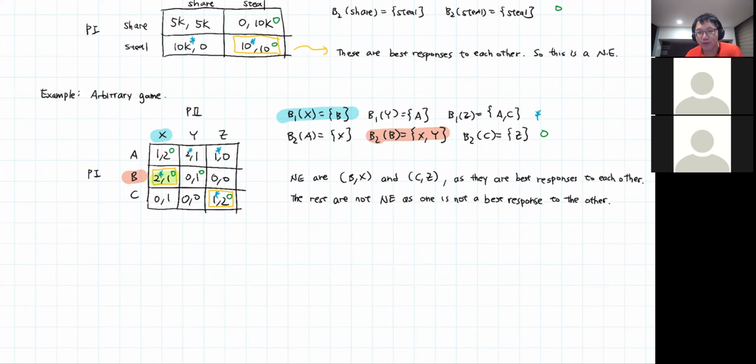There's no reason for either player to change their strategy if player 1 plays B and player 2 plays X. And here is another one that is in common for both of them, and that is another Nash equilibrium. So that's how you do these calculations.